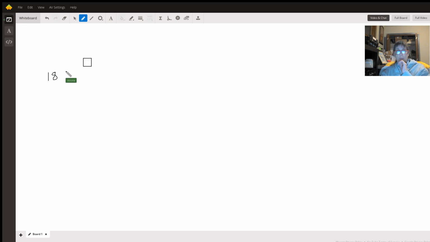In a trapezoid... oh, I'm thinking of the wrong thing. Well, we know that these are congruent. And so we also know that this is 120. We have side angle side. This triangle is congruent to this triangle.